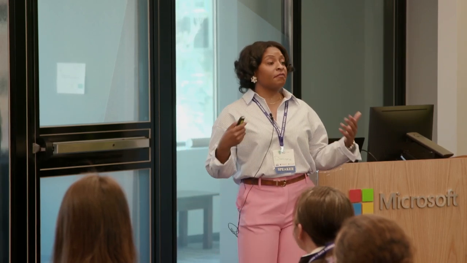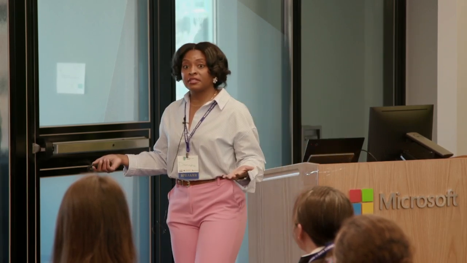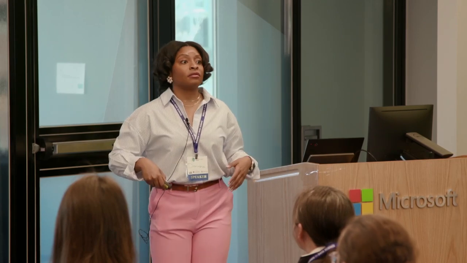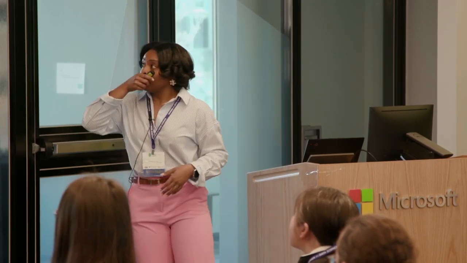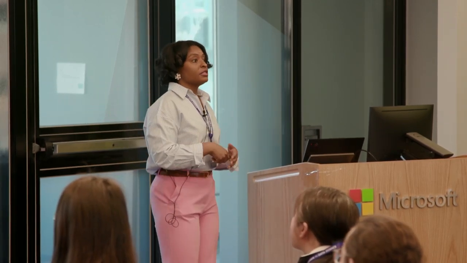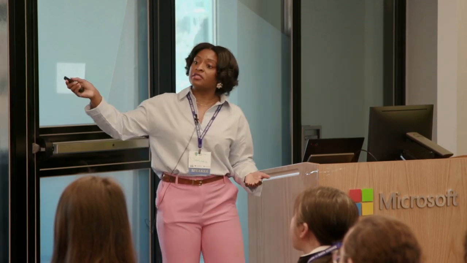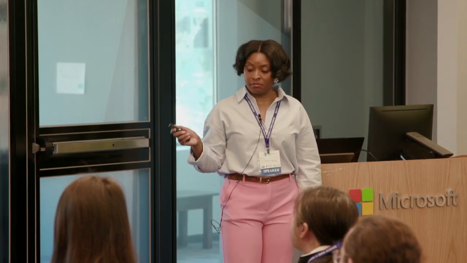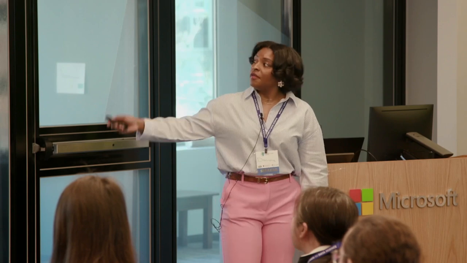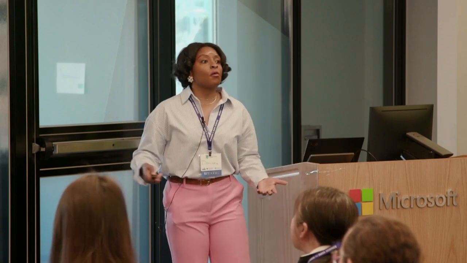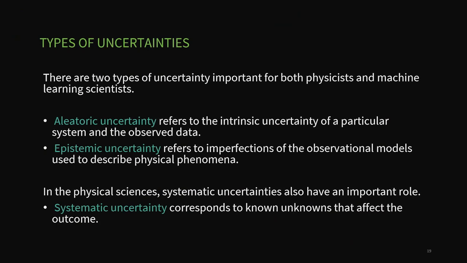And we have to think of this in terms of policy making. Things that can affect nations, things that can affect women. So there are two types of uncertainties that we generally see. We see aleatoric uncertainty, and then we see epistemic uncertainty. The first is more about observed data, and the second is more about model data.